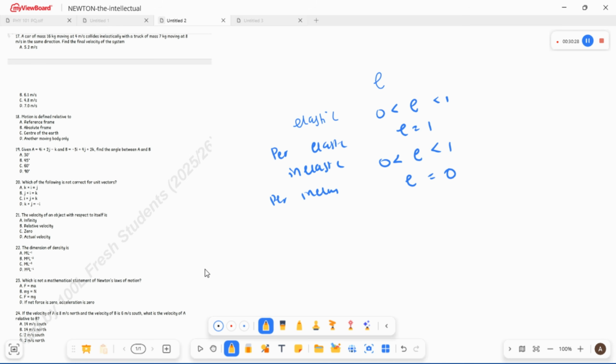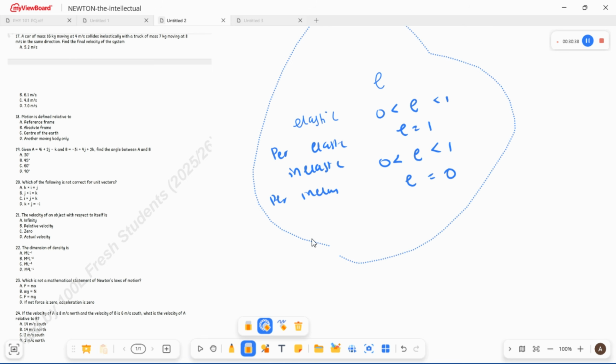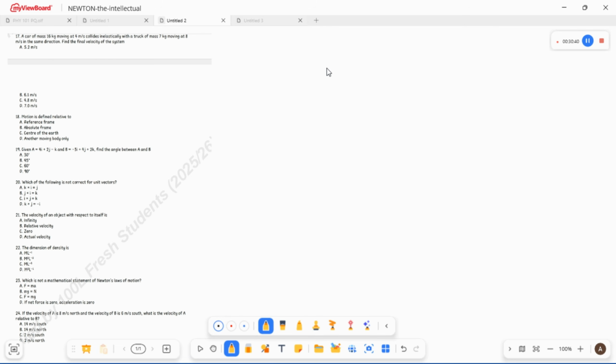Now I've already said that for inelastic collision, momentum is conserved, right? Now what's the formula for momentum? Momentum is mass times velocity. Keep that at the back of your mind, right? Now, the question says a car of mass 16 kg, this is M1, the first mass, moving at 4 meter per second.